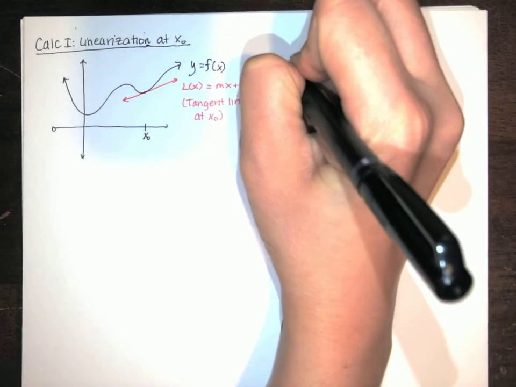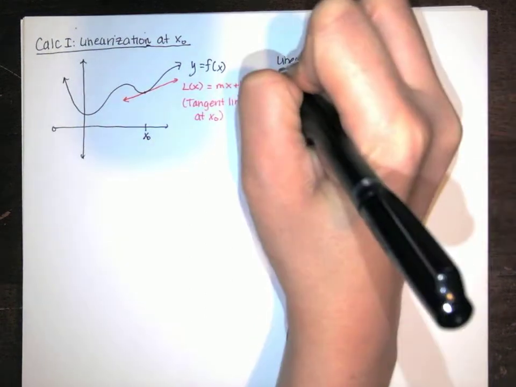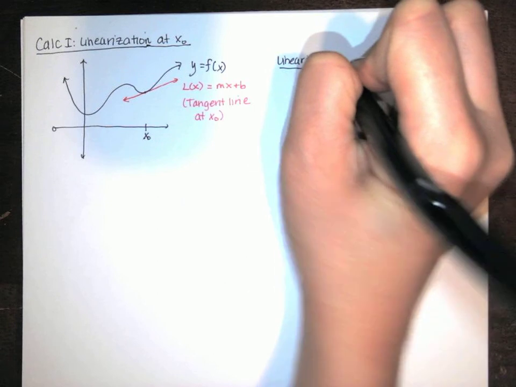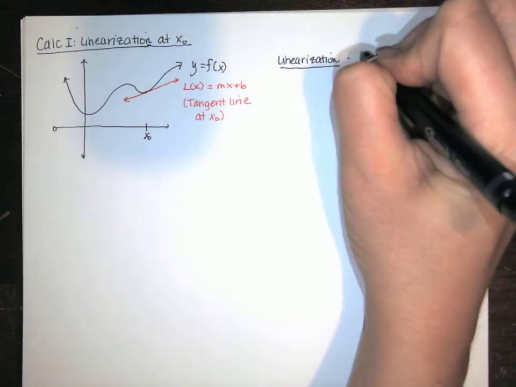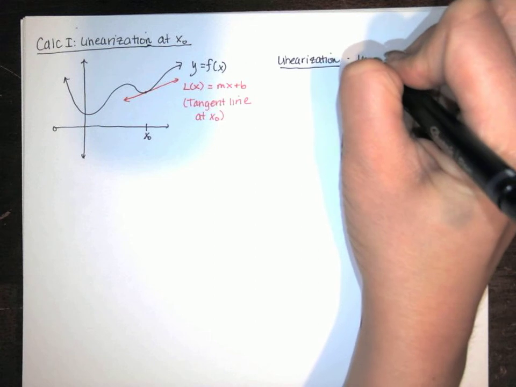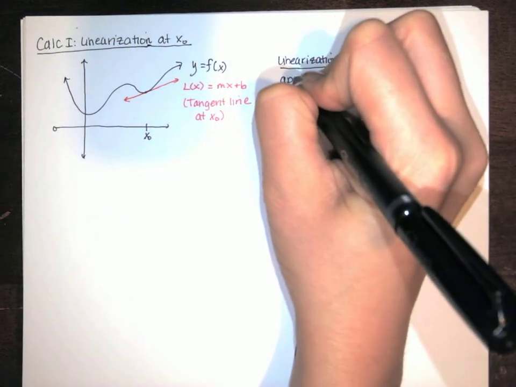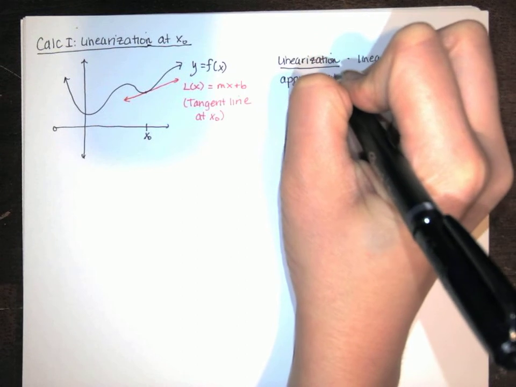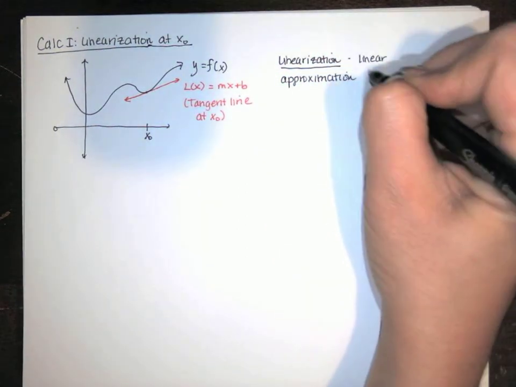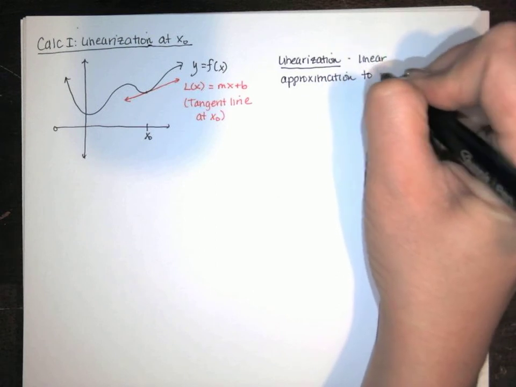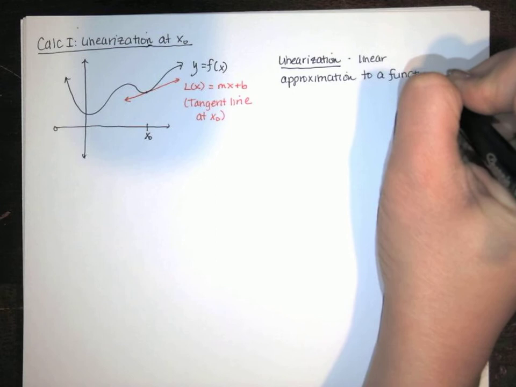So linearization is a term that scientists use to describe the linear approximation to a function at a point.